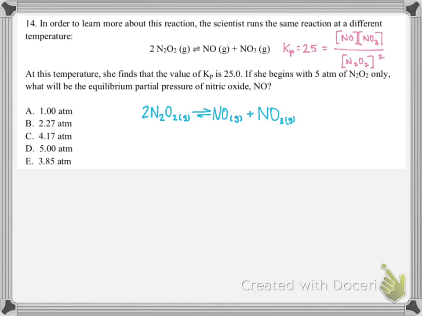Okay, so now they're saying we're starting with just 5 atm of N2O2. They want us to figure out what the partial pressure is going to be of NO. They're giving us some initial values, it changes, and we get some equilibrium value. So we're going to need an ICE table.